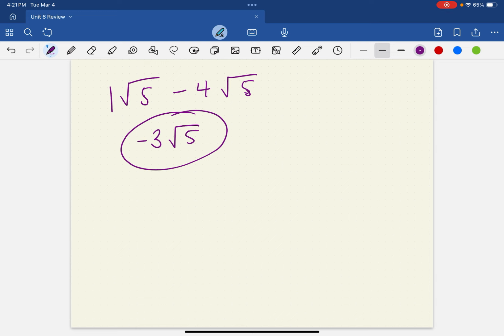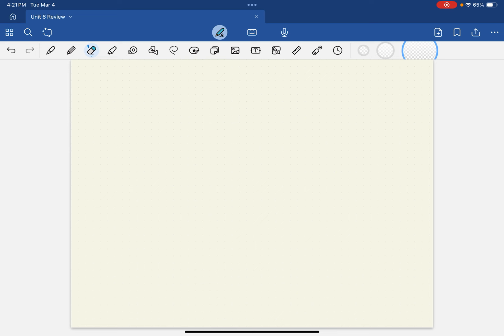Let's go ahead to problem number 2. I'm going to erase this. Okay, problem number 2 is the cube root, little 3, of 320 x^21 y.